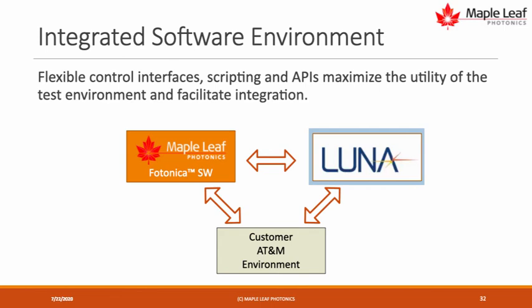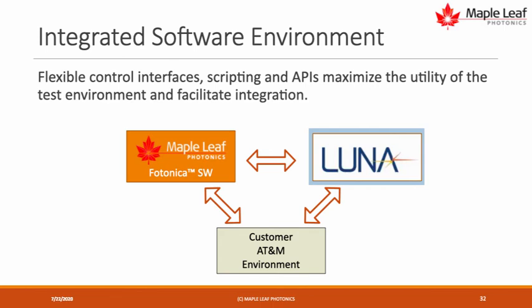And then Maple Leaf also can provide these interfaces to the customer so we can integrate with your established automatic test and measurement environment. And by having this flexibility, it becomes very easy for you to get the insight you need in your process and on your development activity throughout the life cycle of your development program.